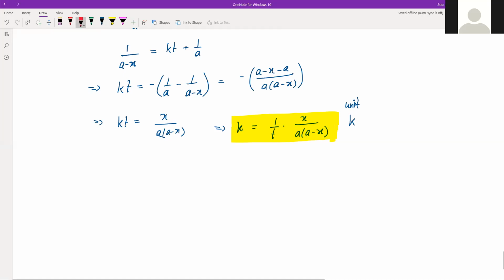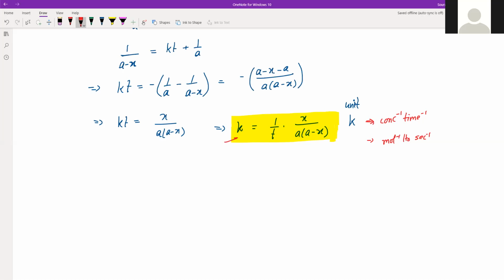What will that be? It is 1 by concentration into time. So this is per concentration and per time. So one such unit will be per mole liter per second. So this is one of the units. This is the unit of k here.